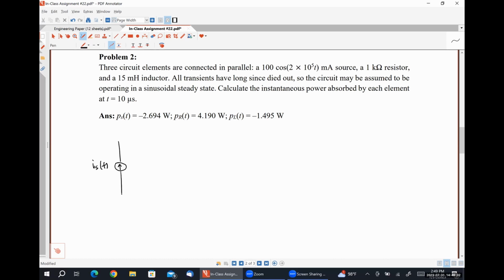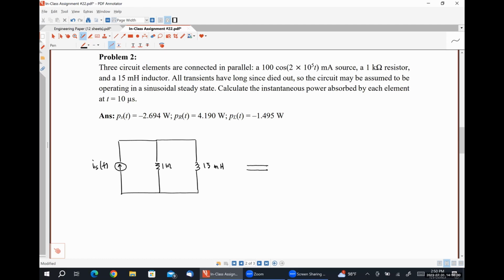So here's our current source connected in parallel to our resistor, which has a value of 1 kilo ohm, connected in parallel to our inductor, which has a value of 15 millihenry, like so.